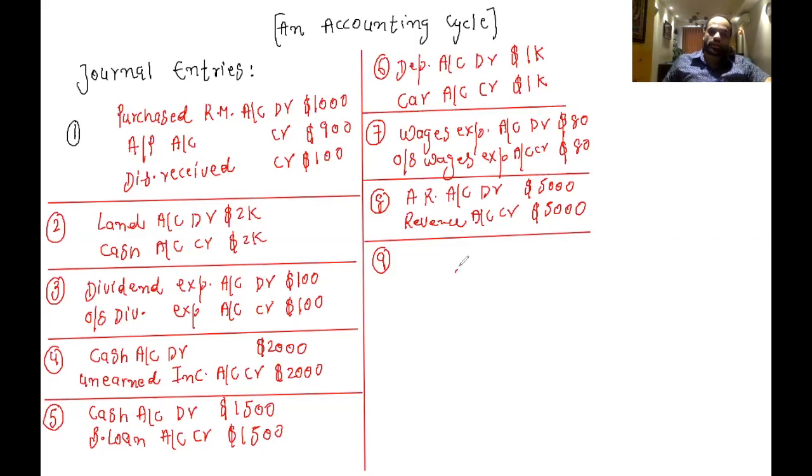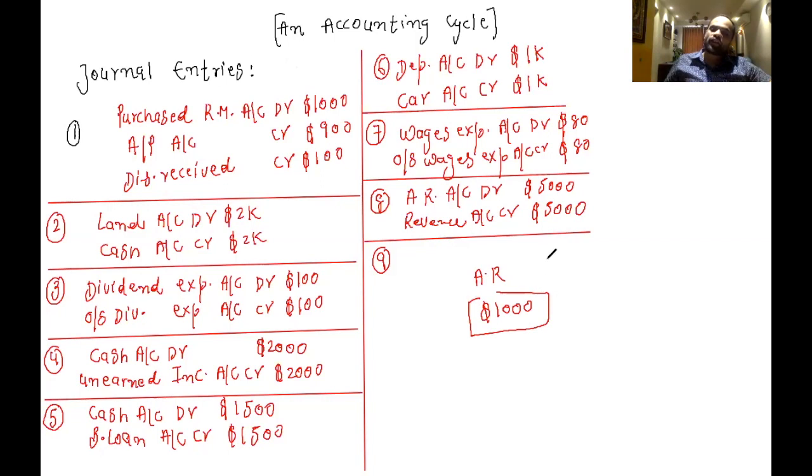So now remember, for example, bad debts. Let's say bad debts are $1,000. Not bad debts, sorry. Let's say account receivable.